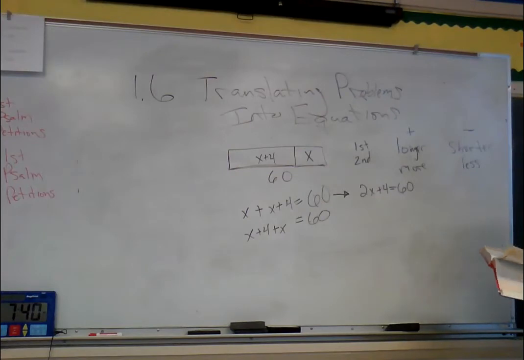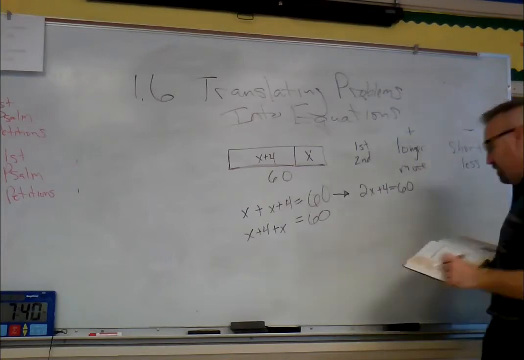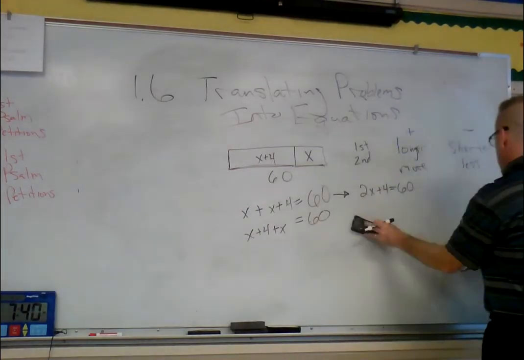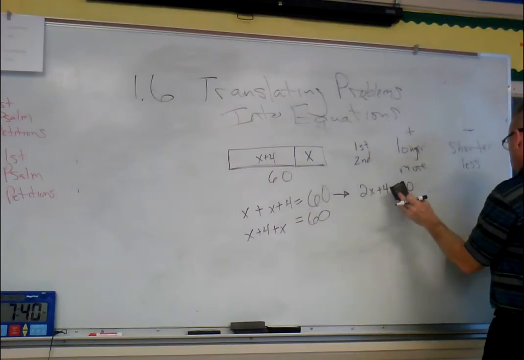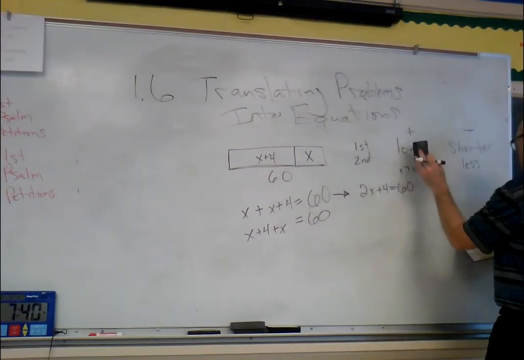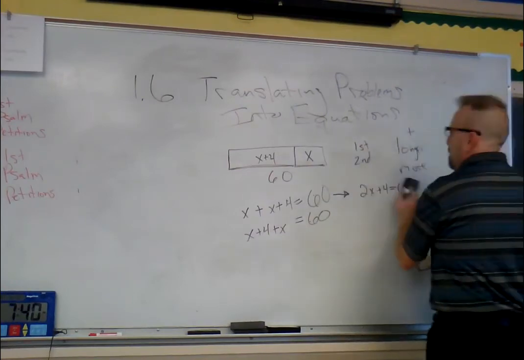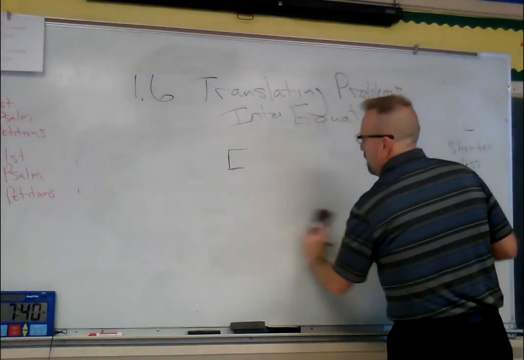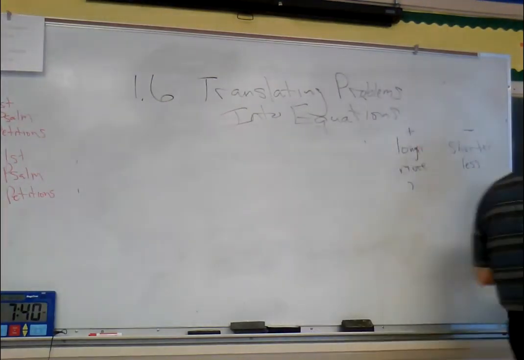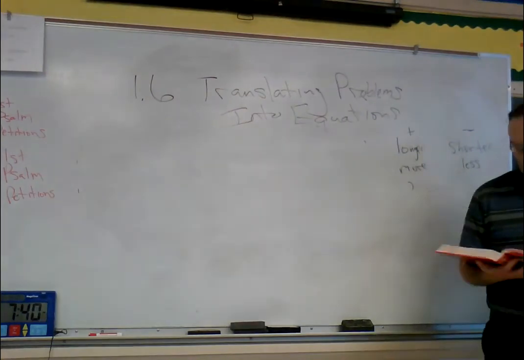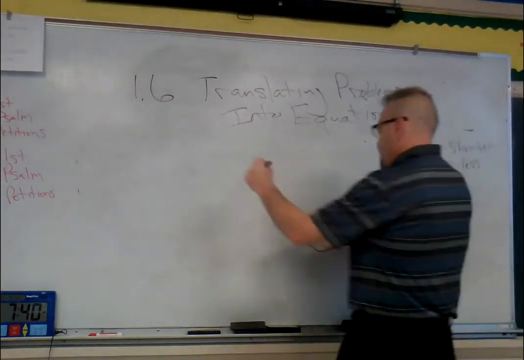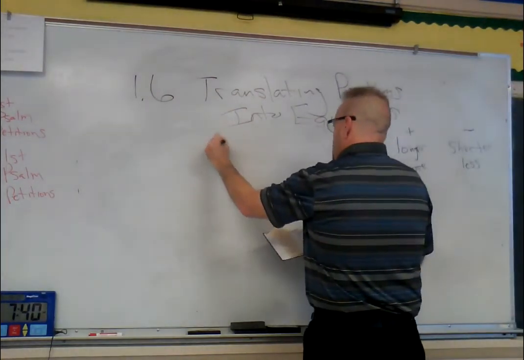All right, so let's do one more. Turn over and look at number 6 on page 24. Number 6 says Brenda drove 3 times as far as Jan.